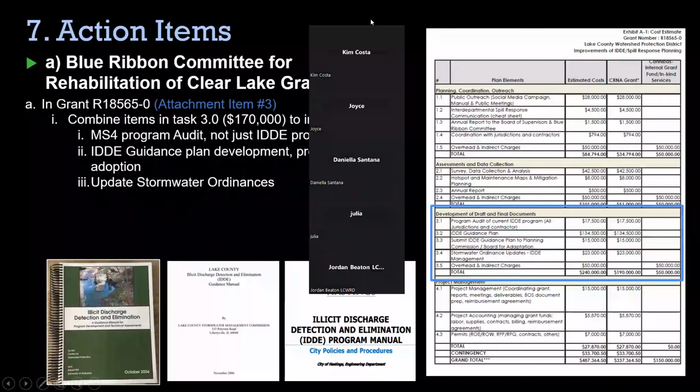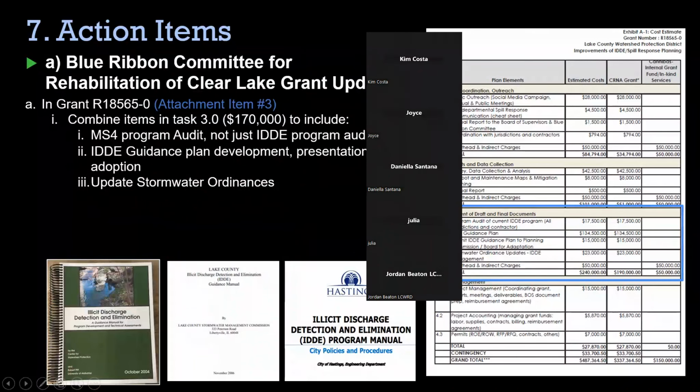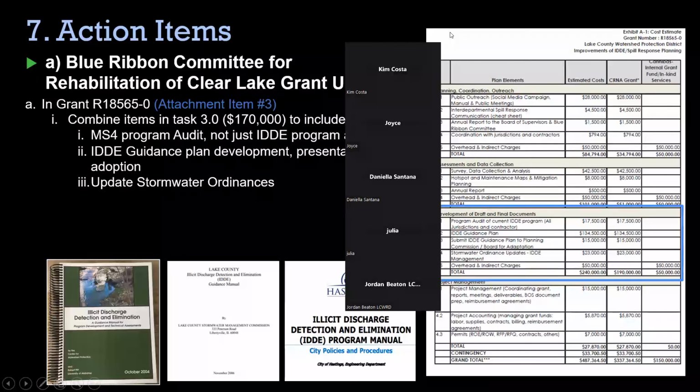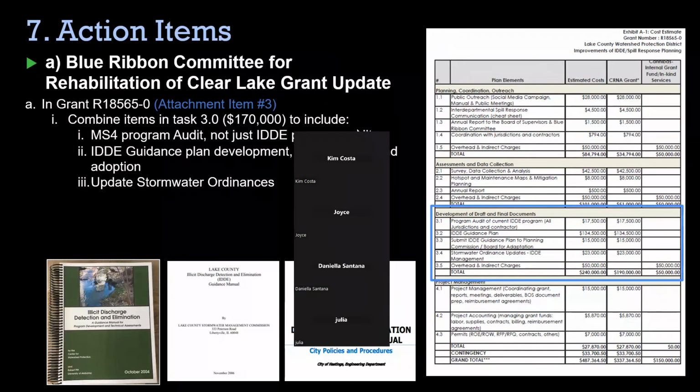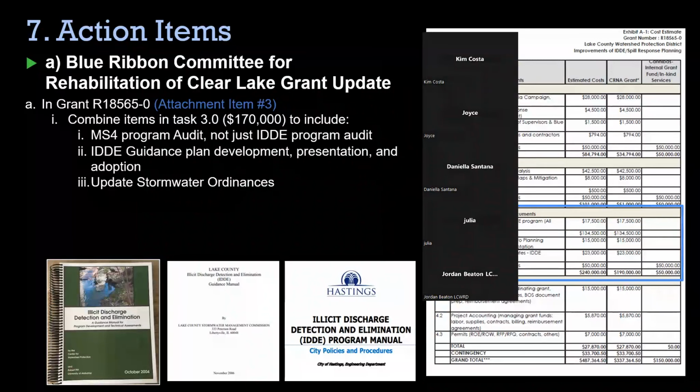We wanted to propose to the group, because we got this grant on behalf of the Clean Water Program for all 3 of the jurisdictions, combining all of these and making it a more robust project overall to extend out to the whole MS4 program, not just illicit discharge. So, including the other components like construction, post-construction, those kinds of things.